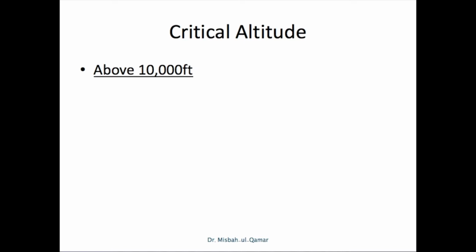So, high altitude is above 10,000 feet, while 18,000 feet is the highest altitude where permanent inhabitation is still possible. Now, above 20,000 feet, hypoxia endangers life, so oxygen is needed.